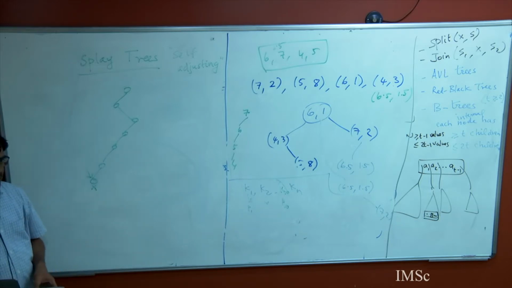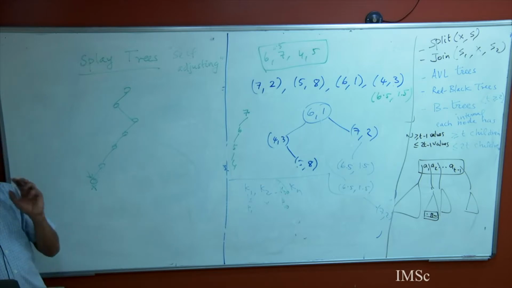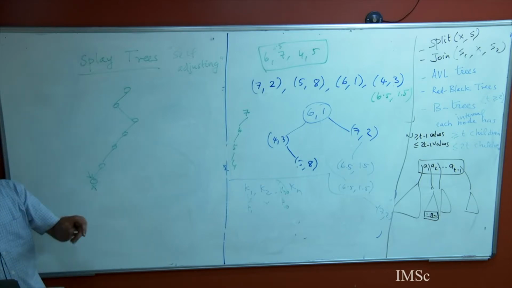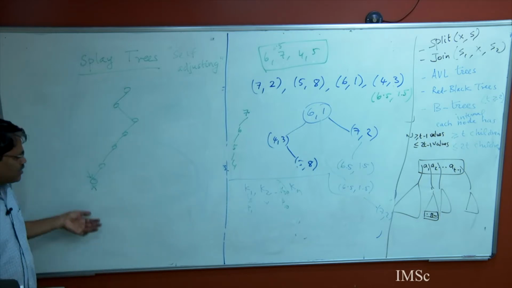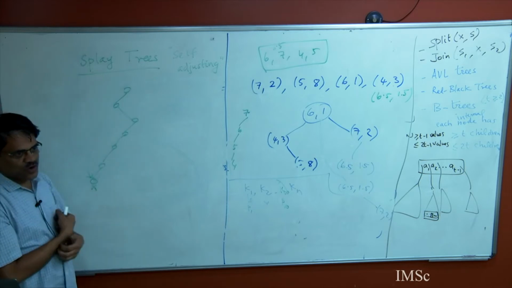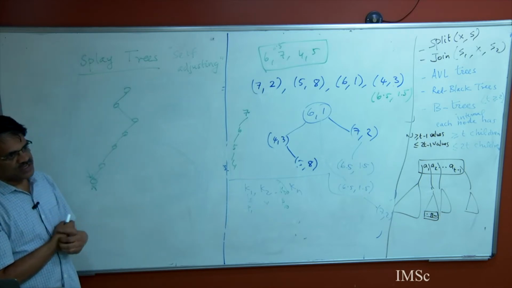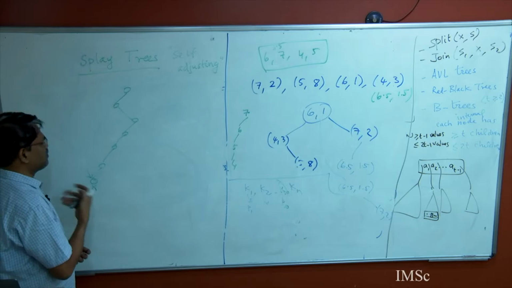If you think about your mobile number or something, right? So you go and land in some place and you call some number, for the next 5 days, you are likely to call such numbers. So you might as well do something to bring it closer to the root so that subsequent searches are cheap.